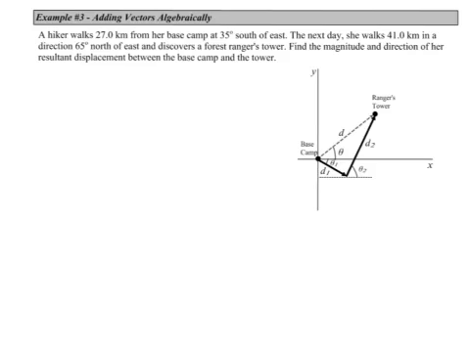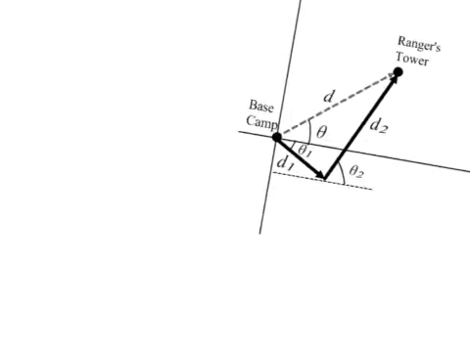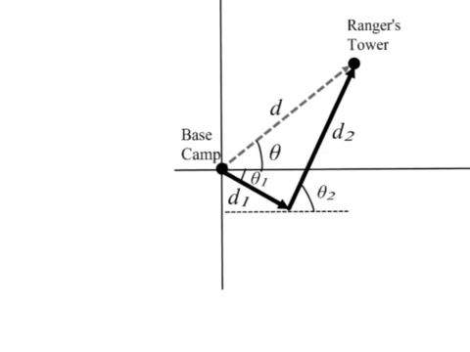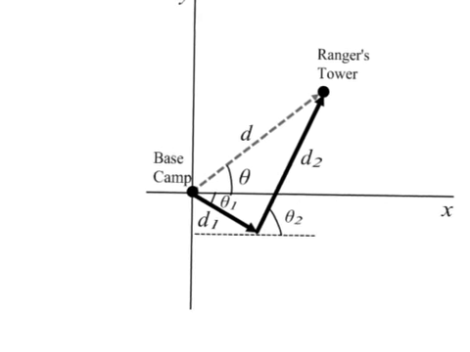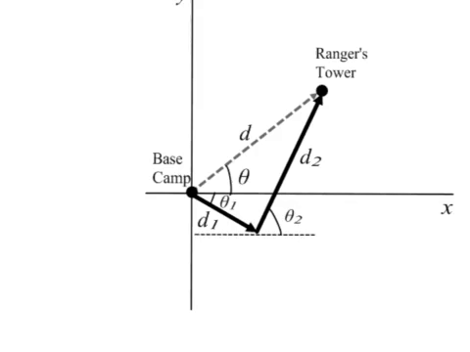So let's start by analyzing the diagram right here. Each of these displacement vectors has its own components. D1 has a component in the x direction and a component in the y direction.